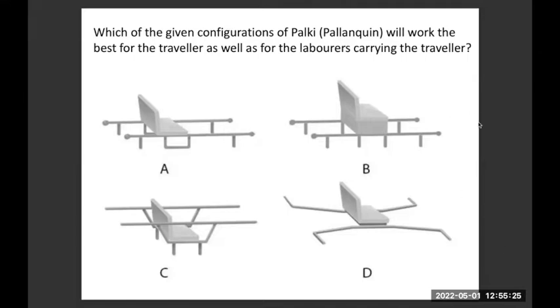I'll just go to the explanation of why option C is correct here. Option C is the correct answer.